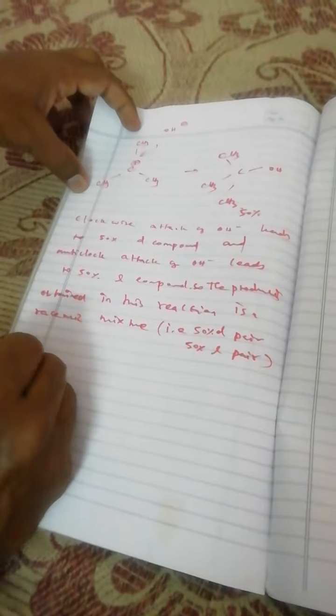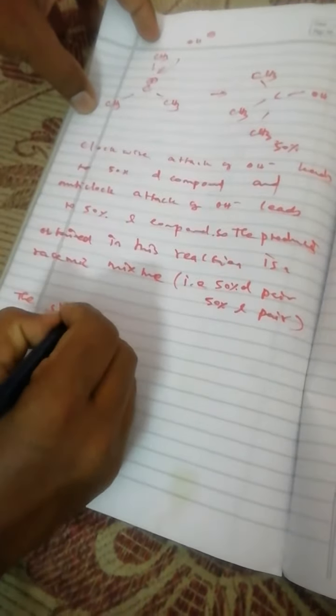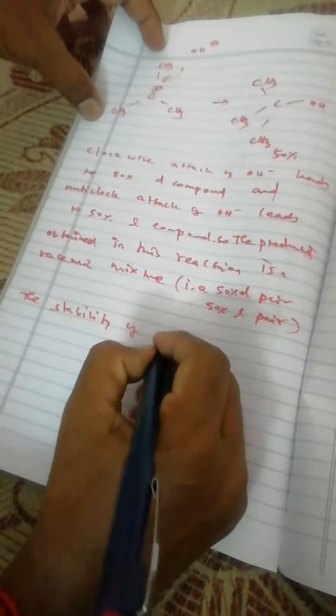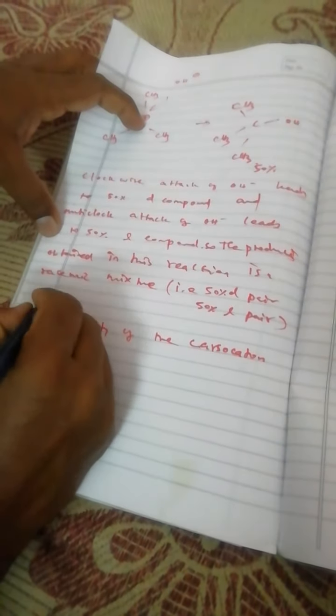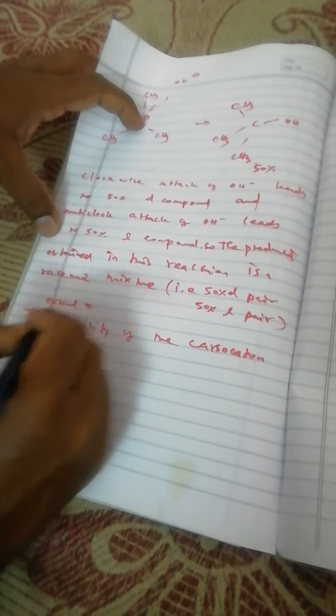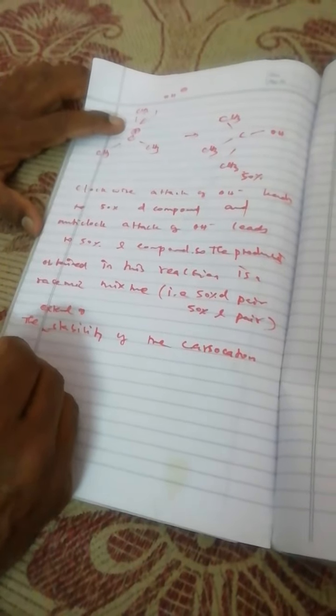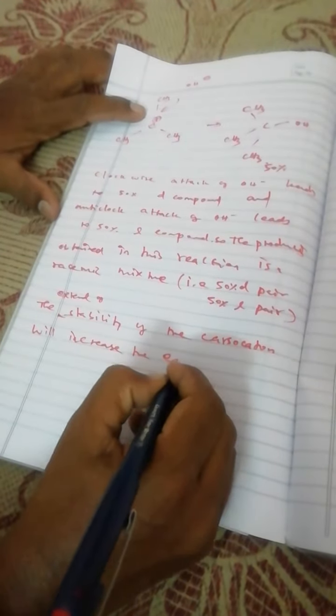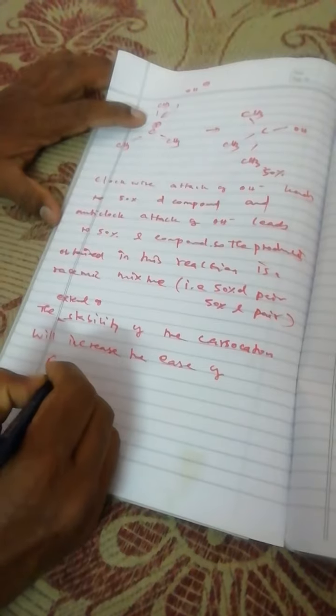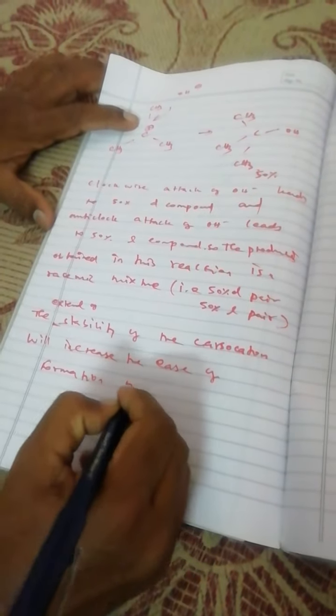The extent of stability of the carbocation will increase the ease of formation of the product.